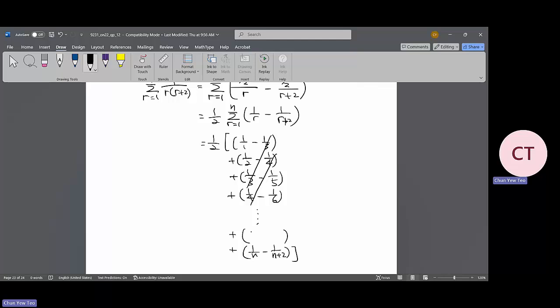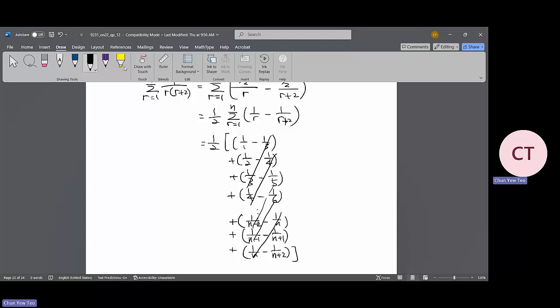So this one is 1 over n minus 1. This one is 1 over n plus 1. Nothing to cancel. So usually I will list out one more term over here. This is 1 over n minus 2 minus 1 over n again. So you can see that this one can be cancelled. That means anything previously also will behave in such a way.